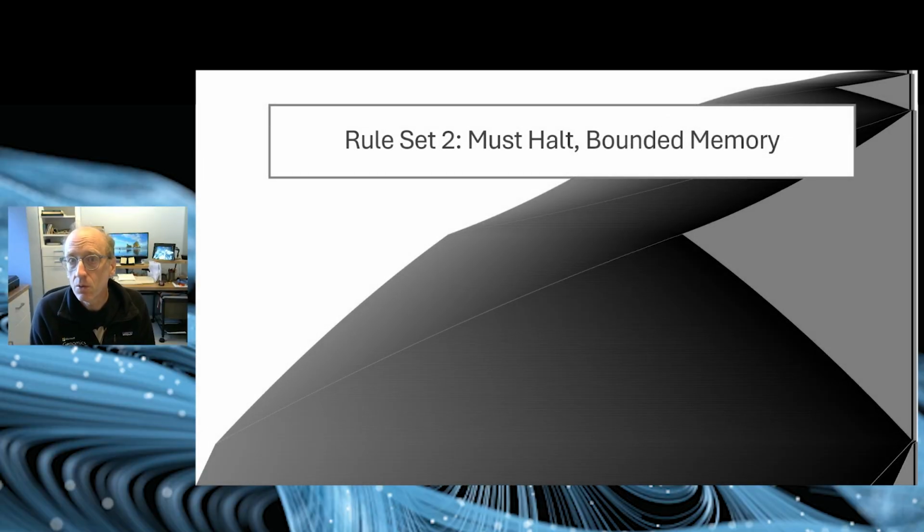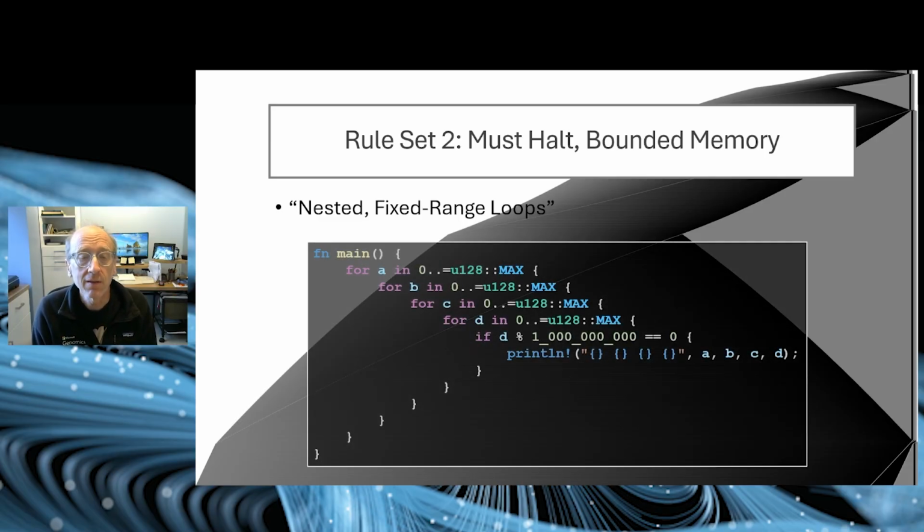So in rule set 2, our programs have to halt, but we still have this requirement that the amount of memory we use is bounded. And a nice way to approach this is to use nested fixed range loops, and in Rust that looks something like this.